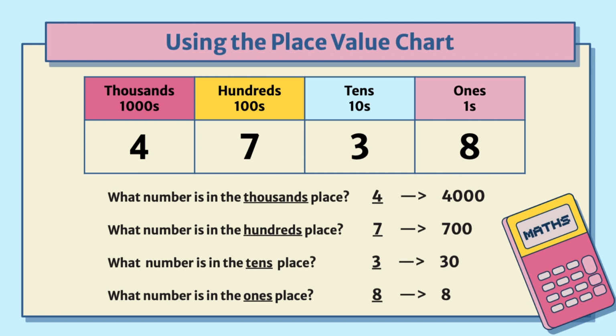What number is in the hundreds place? 7. Again, looking at our chart, we see that the 7 represents 700. What number is in the tens place? 3, representing 30. And what number is in the ones place? 8, representing 8 ones.